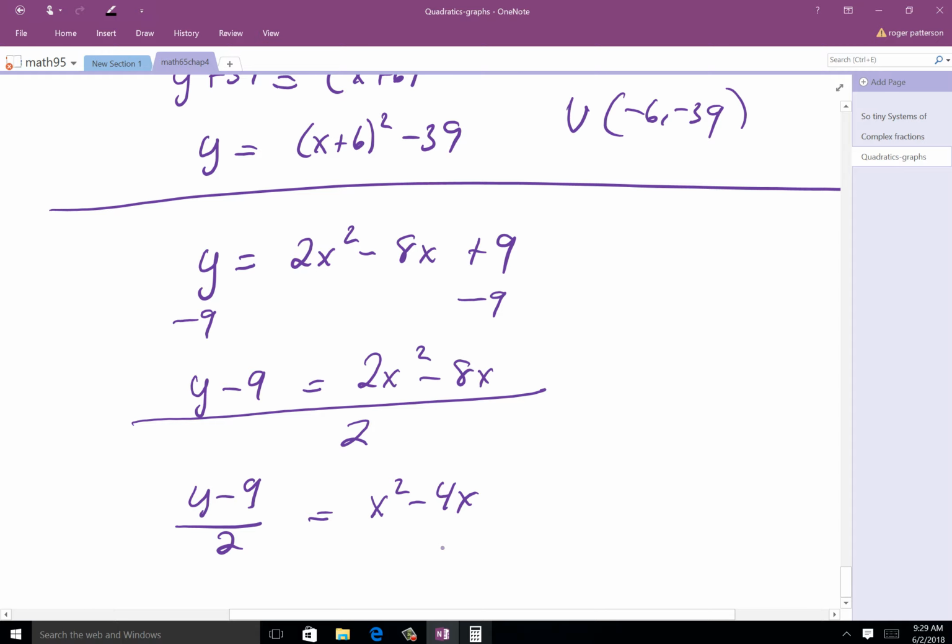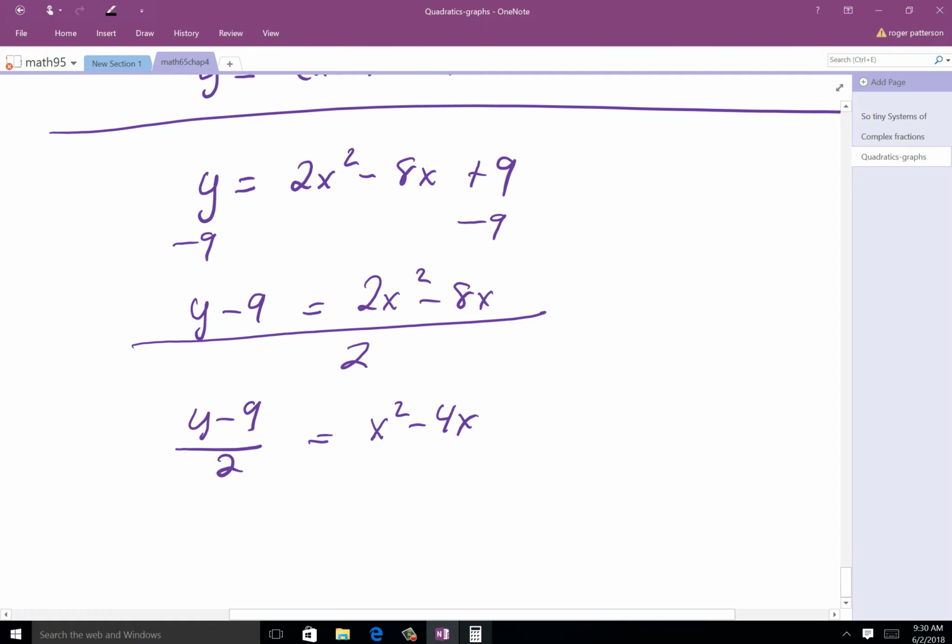Yep. Right. And if this was a 5, what would I divide by? 5. Yeah. Okay. So here we go. Now I'm going to do the exact same thing I've been doing. All right? I'm going to take half of 4. Square it. Got to add it to this side. Okay, got to do it to that side.